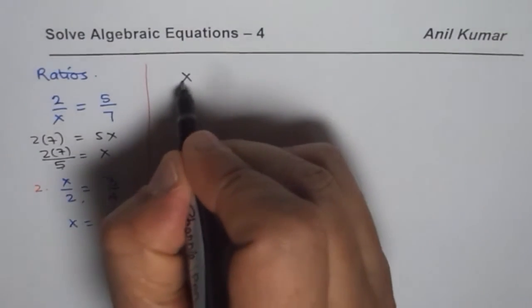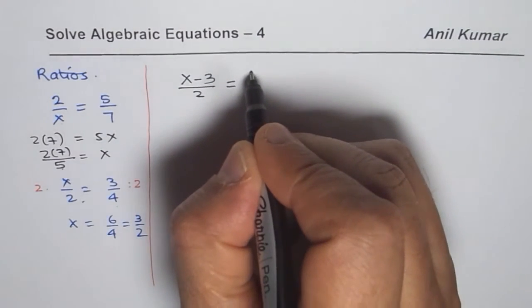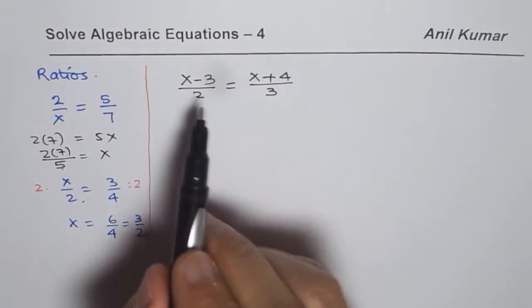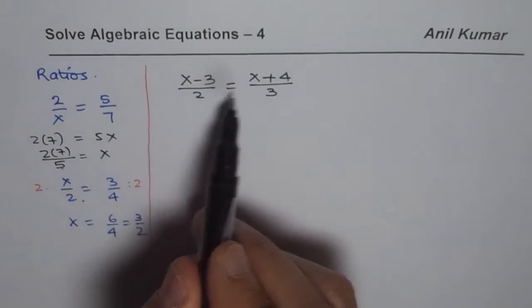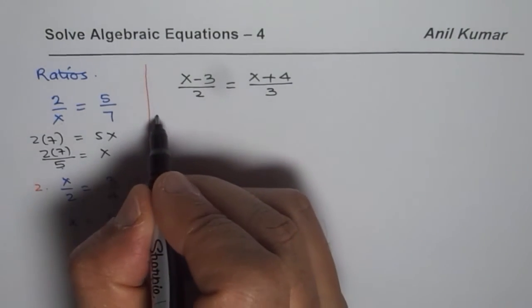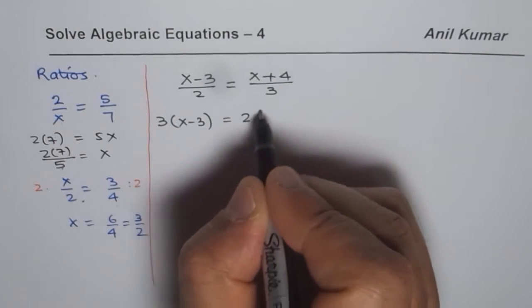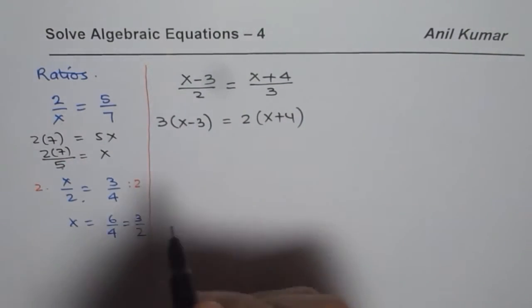Now, we could also have ratios of this form: x minus 3 over 2 equals, let us say, x plus 4 over 3. If you have a ratio like this, follow the same principle. Cross multiply. So we get 3 times (x minus 3) equals 2 times (x plus 4). Now you expand using the distributive property.